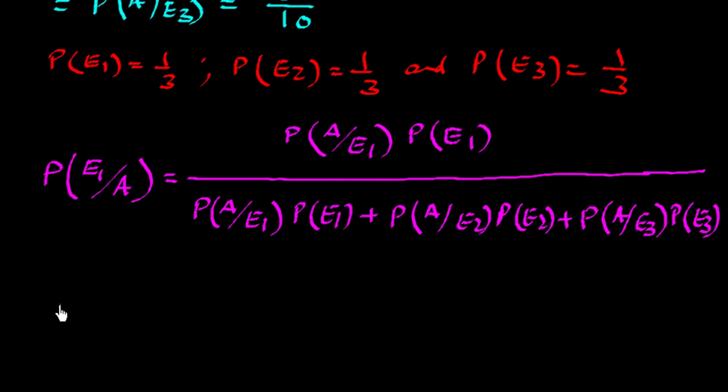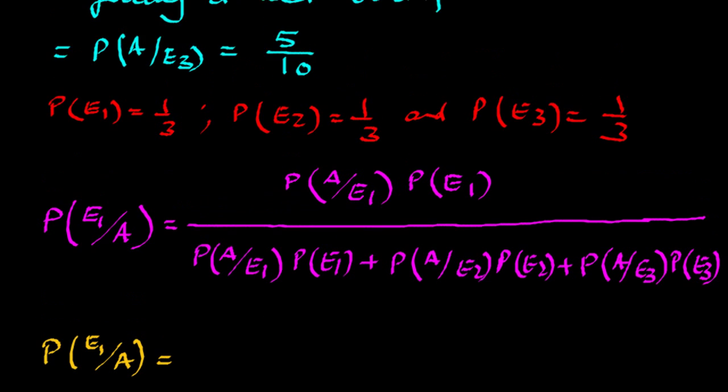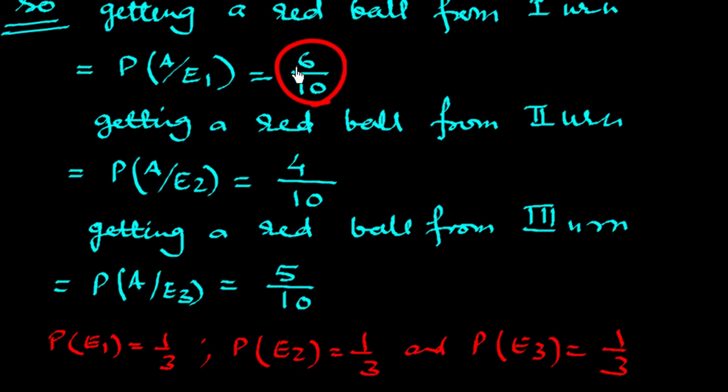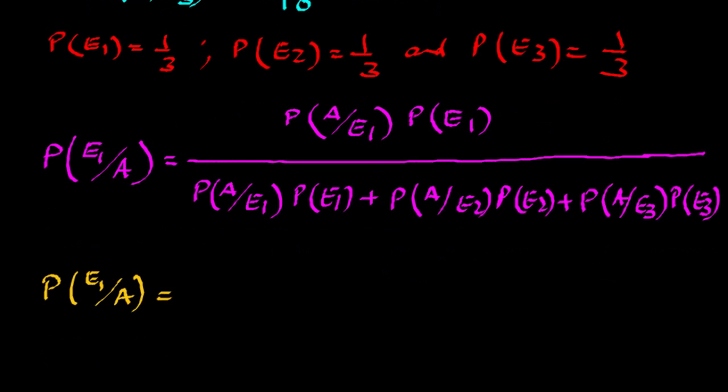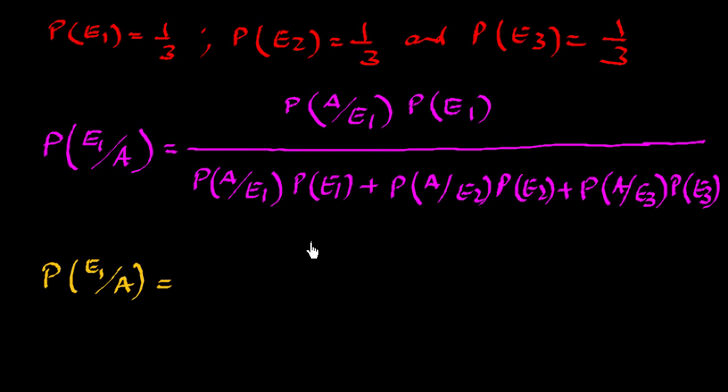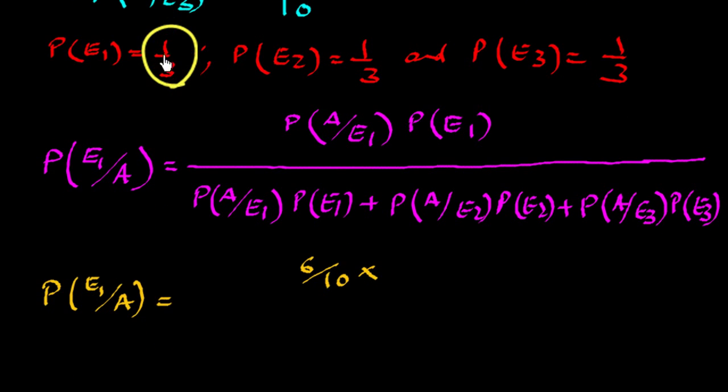So we get here probability of E1 over A. Probability of A over E1, look here, is 6 over 10. So we write 6 over 10 into probability of E1, which is 1 over 3.